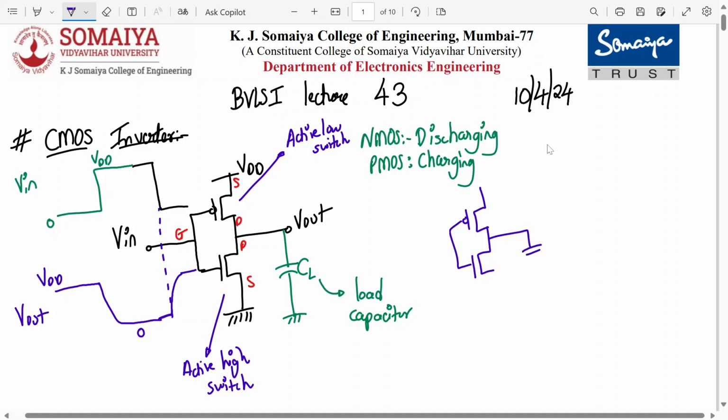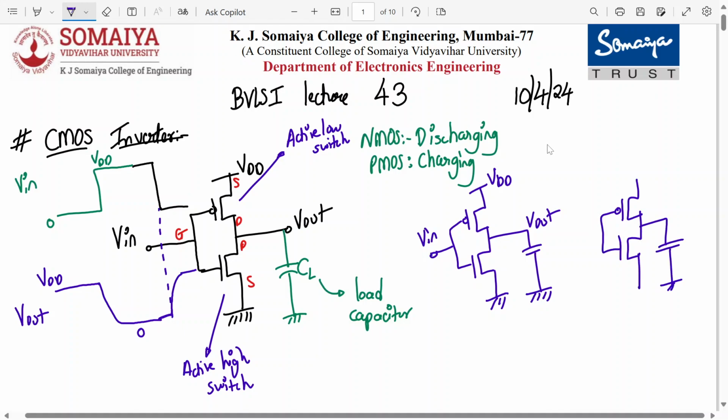So you have a load, you have VDD. This is Vout, this is Vin. Let me draw it one more time. I'll explain why I am doing that. So you have a capacitive load, Vout, Vin. So let's say in steady state.